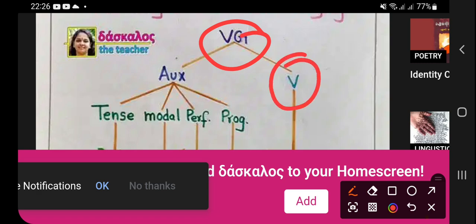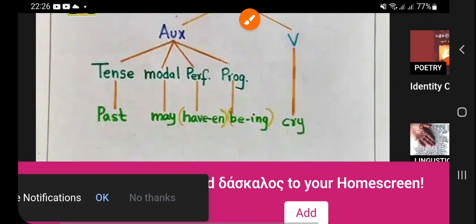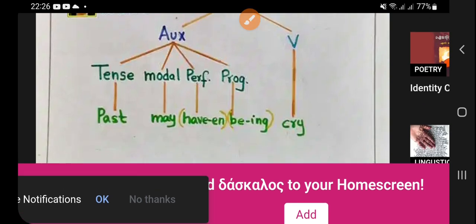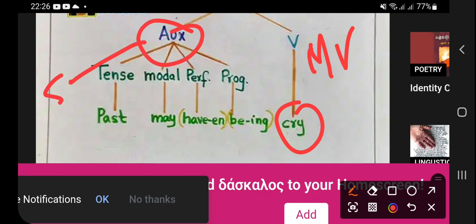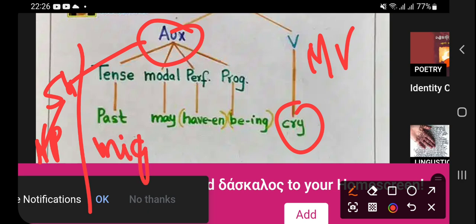So that is the main verb, but there are a number of auxiliaries. She is the noun phrase, but then might, the past tense of may.